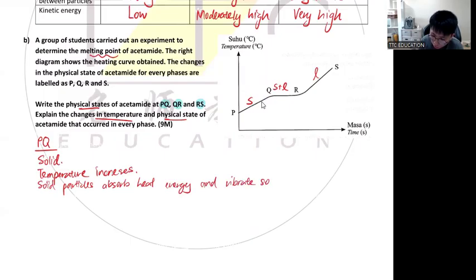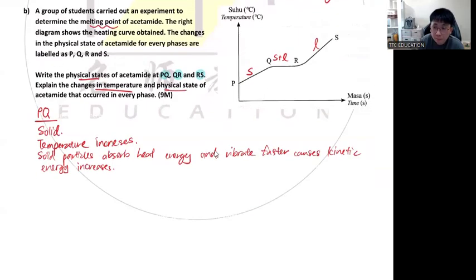Because solid, we say vibrate faster. Causes kinetic energy increases. Okay, so 3 marks already.